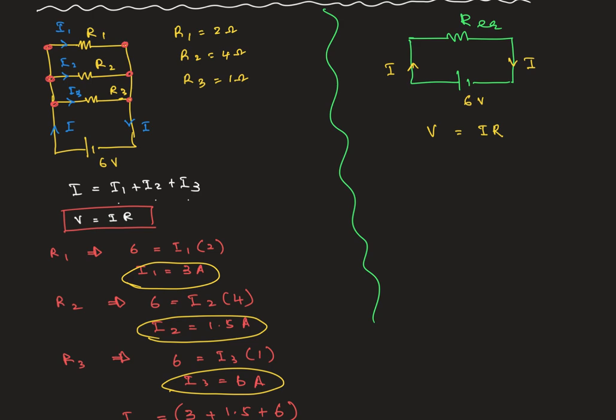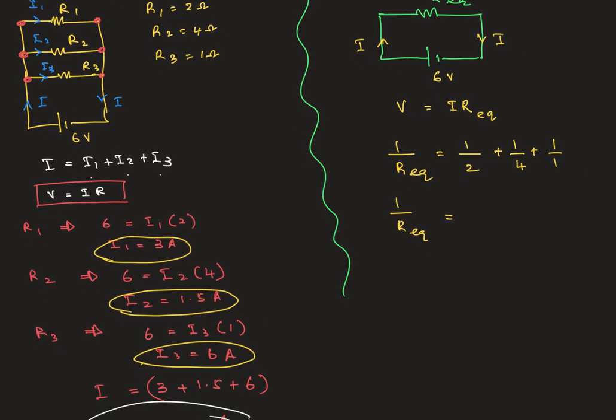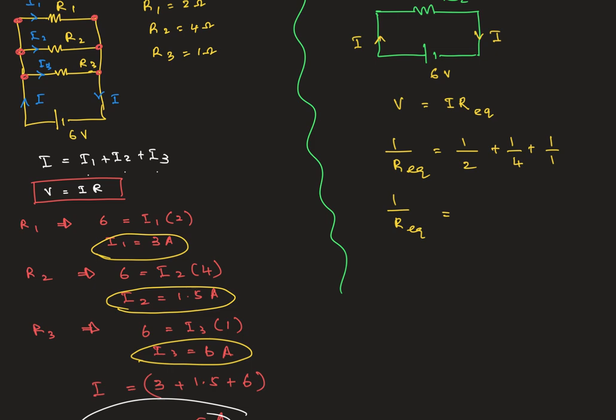Now here we have V equals IR, but this R is not just R equivalent. So the first thing here is finding R equivalent. So 1 over R equivalent equals 1 over 2 plus 1 over 4 plus 1 over 1. If you are familiar with the common denominator and adding fractions, that's fine.